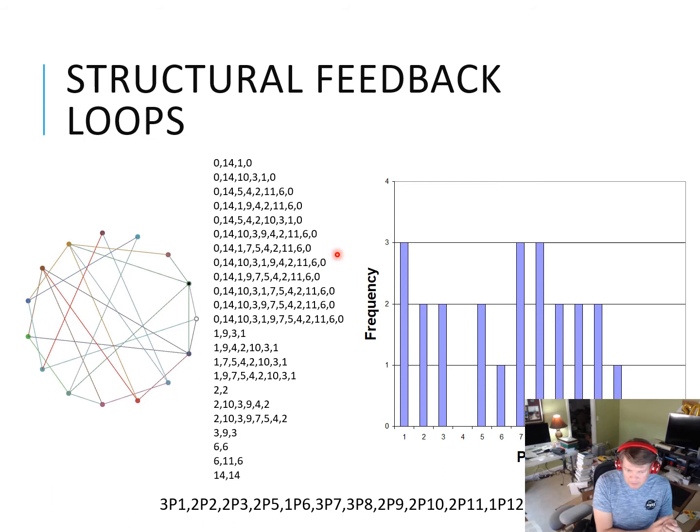It basically hits a constant configuration and stays like that forever. If it oscillates between 2 states forevermore, we call that period 2. And these are the dynamic attractors that emerge for this particular network given these structural feedback loops.